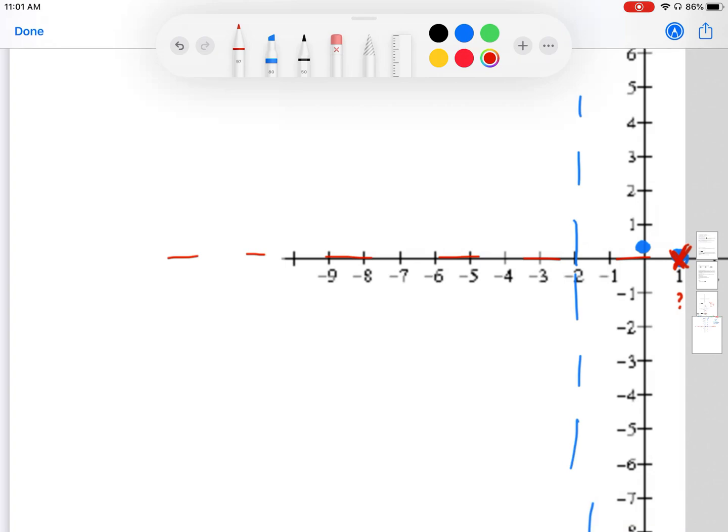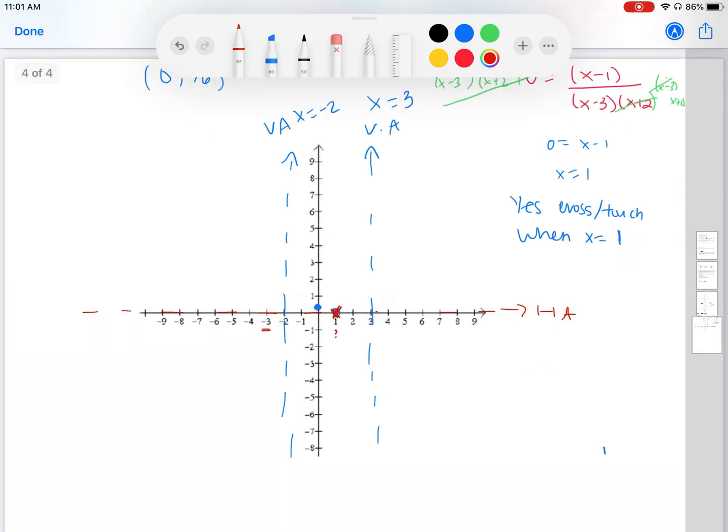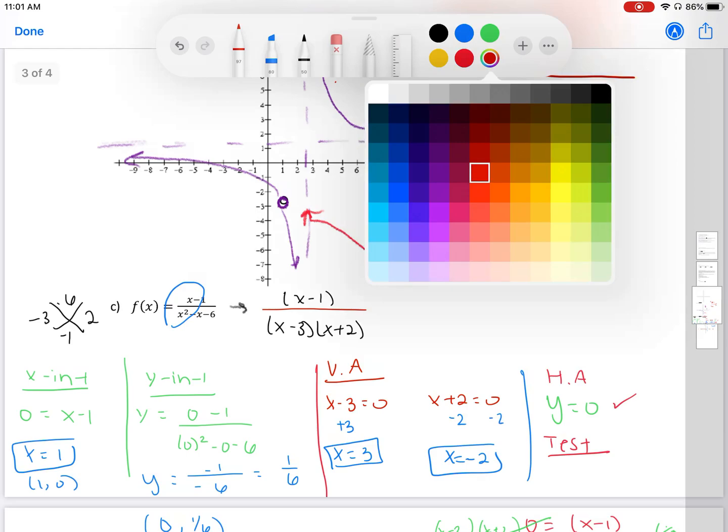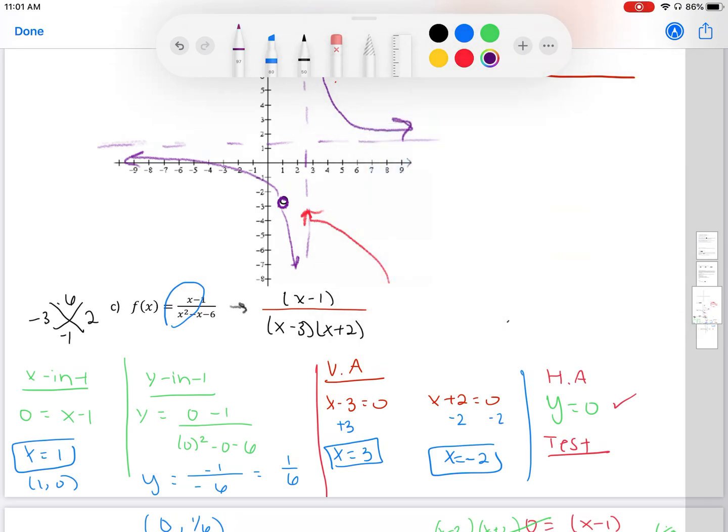Well, I need to see what's going on. Let's test a point like x equals negative 3. Let's plug in negative 3 into our function. f of negative 3, we get negative 3 minus 1 divided by negative 3. You can use your original one or your reduced one, it doesn't matter. I'll use the reduced one.